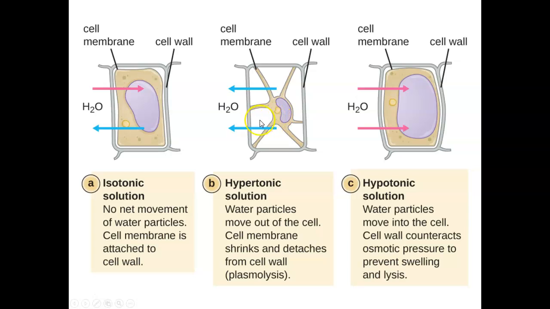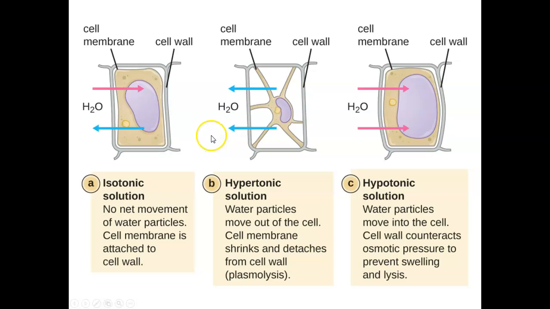And so as water leaves, in this case, the cell's plasma membrane shrivels. And the cell wall stays intact, but the plasma membrane pulls away from the cell wall, and this is known as plasmolysis. This also happens in plant cells when plants are placed in a hypertonic solution.